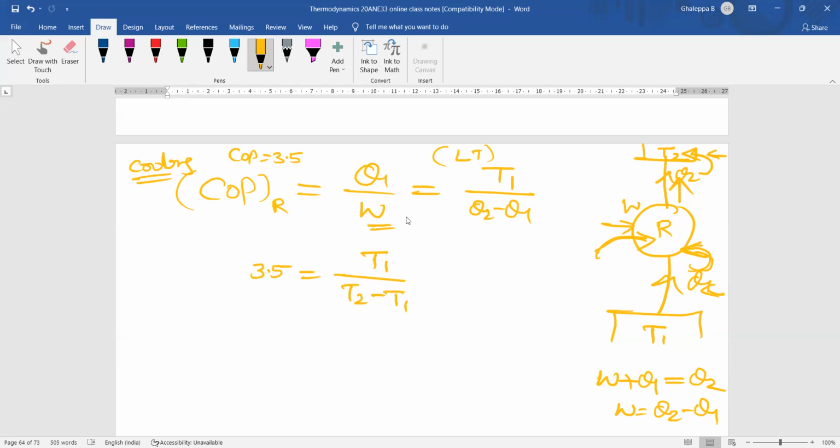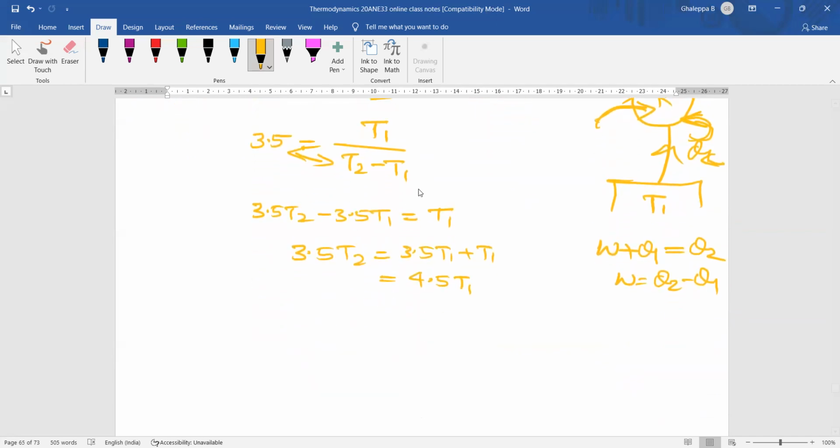By cross multiplication, 3.5 T2 minus 3.5 T1 is equal to T1. So 3.5 T2 is equal to 3.5 T1 plus T1, that will be 4.5 T1.